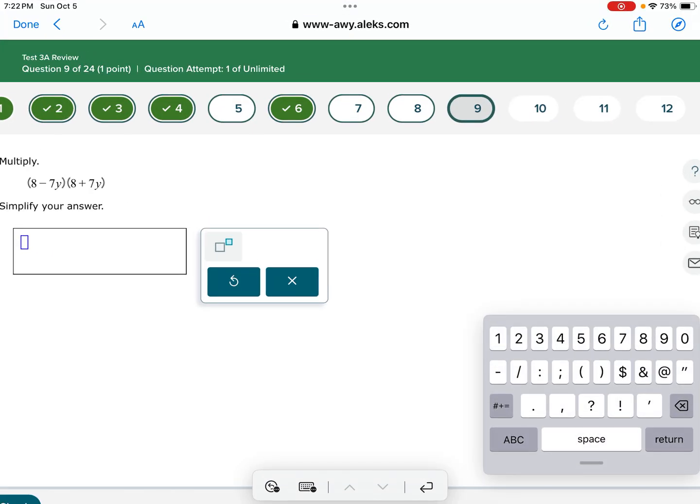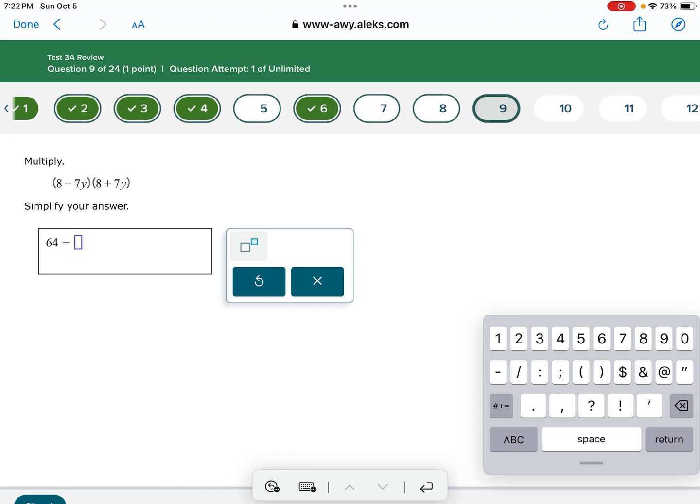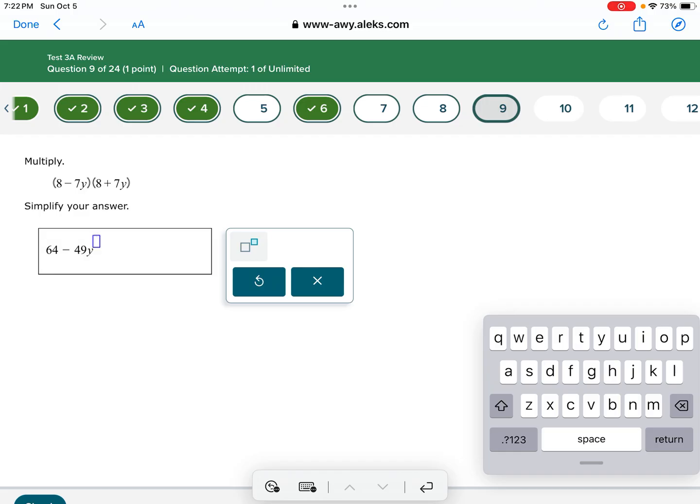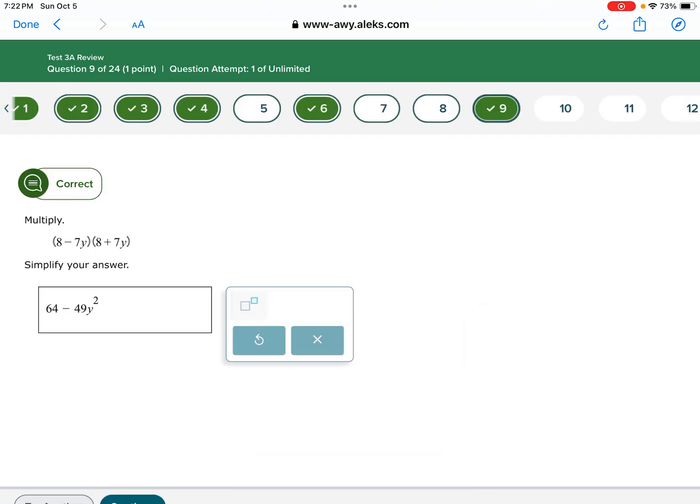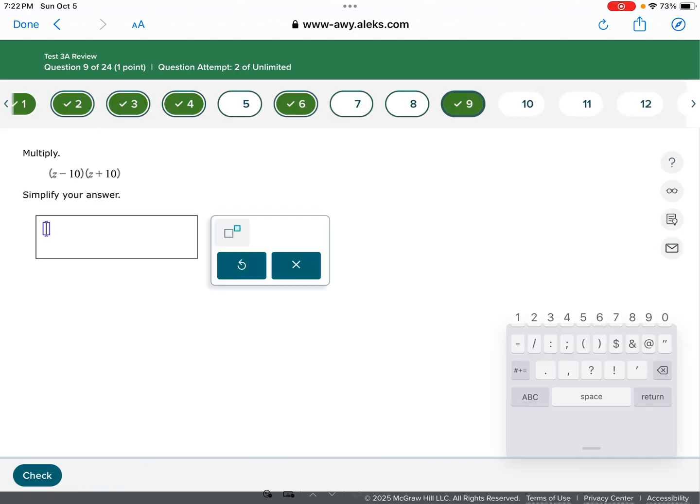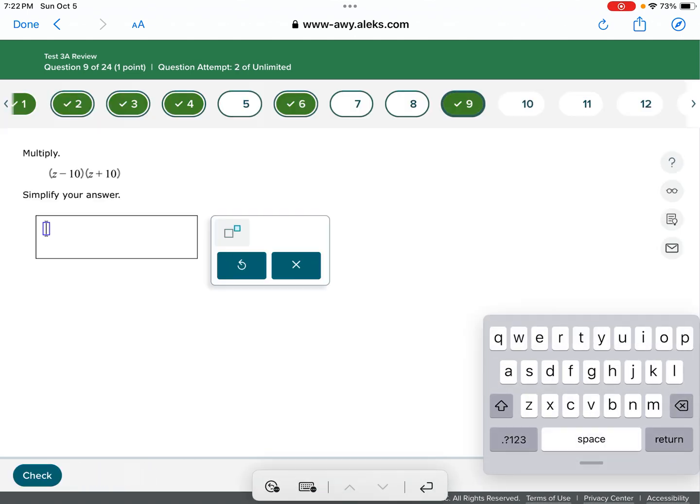So 64 minus 49y squared. There you go. So you can keep trying those. Again, keep trying until you get the pattern. So like this one's actually really easy. So this one's going to be z squared.